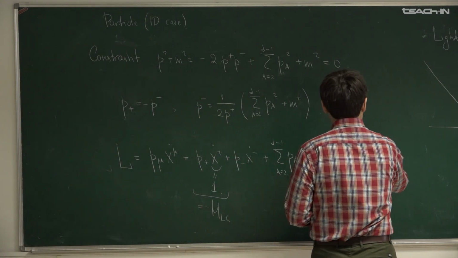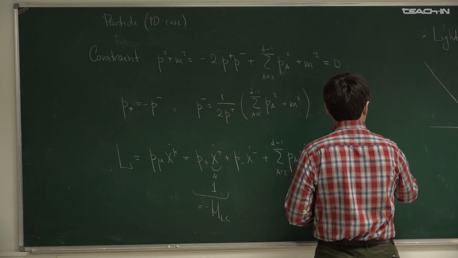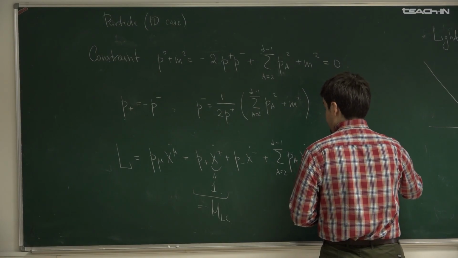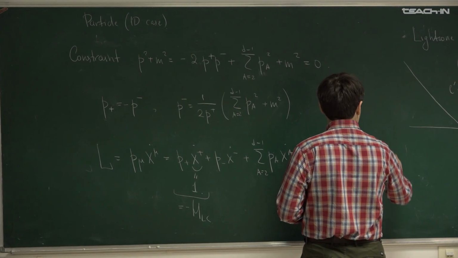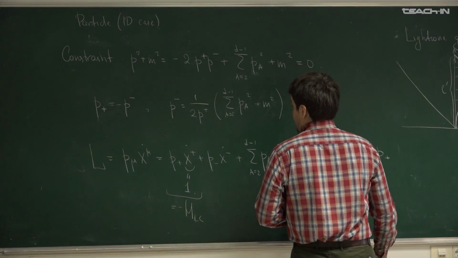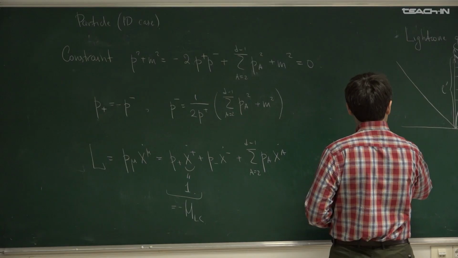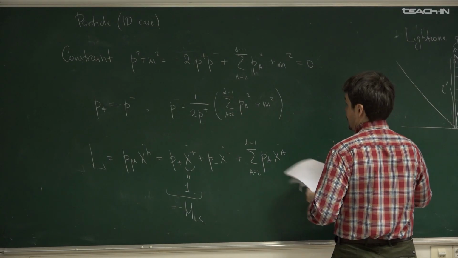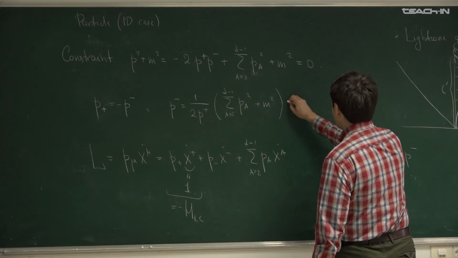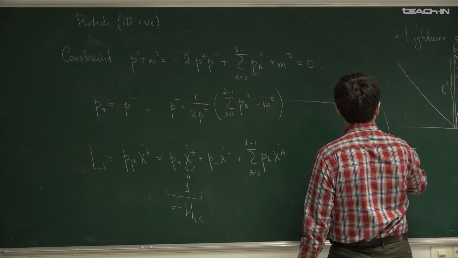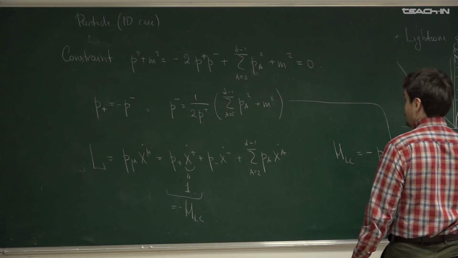So the light cone Hamiltonian for the particle is minus p minus, and we substituted from here. So this is 1 over 2p plus.